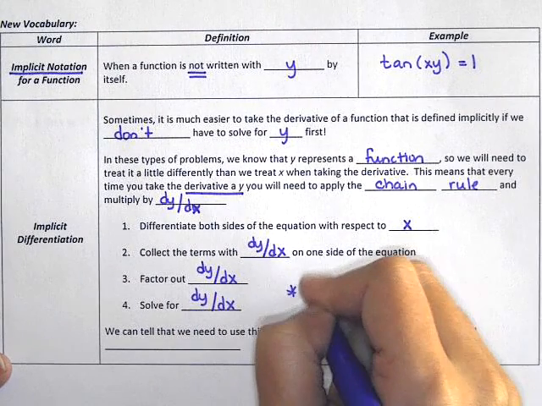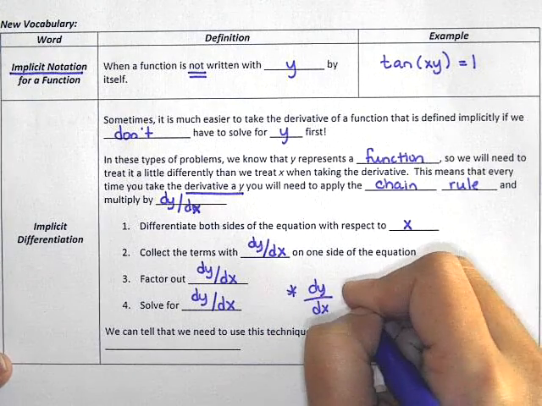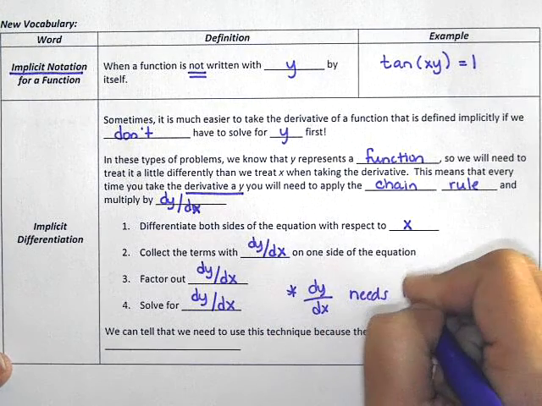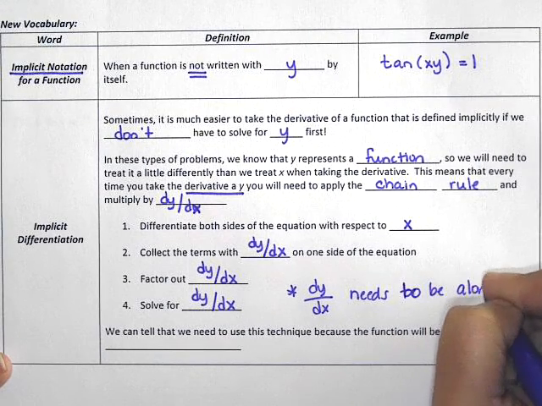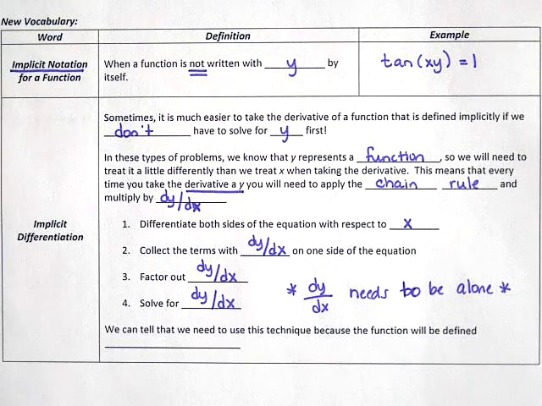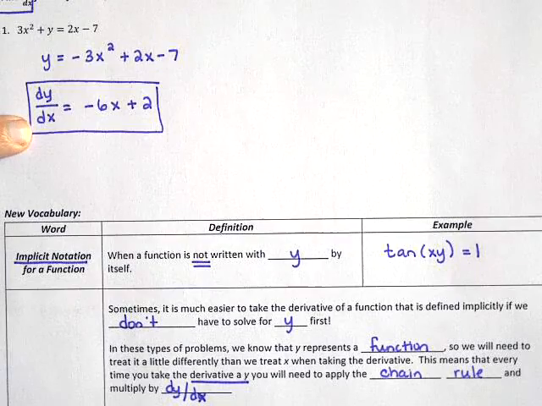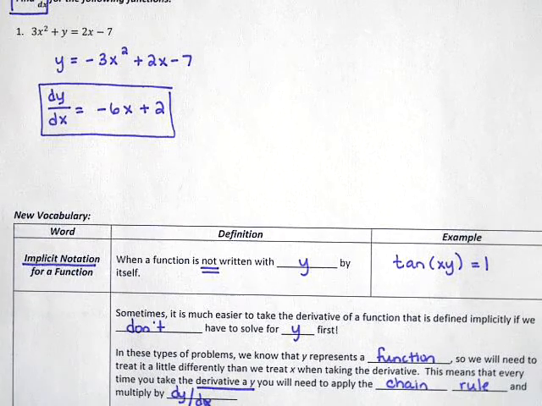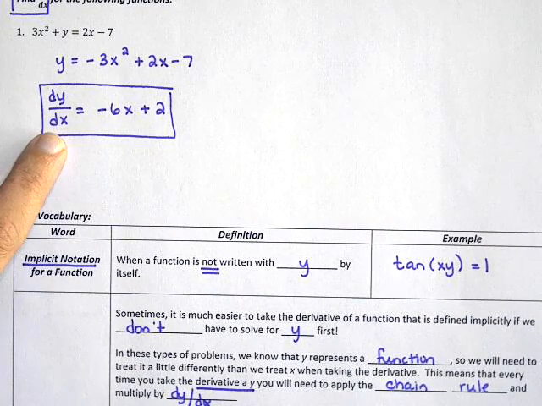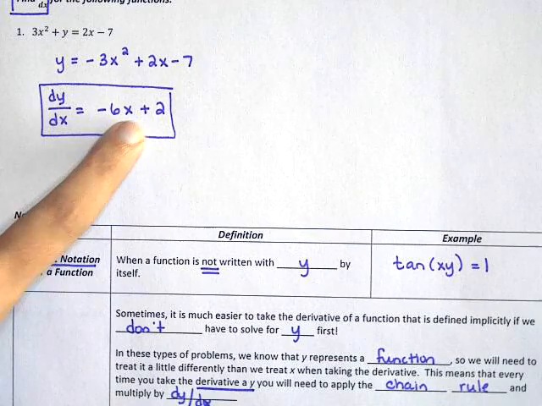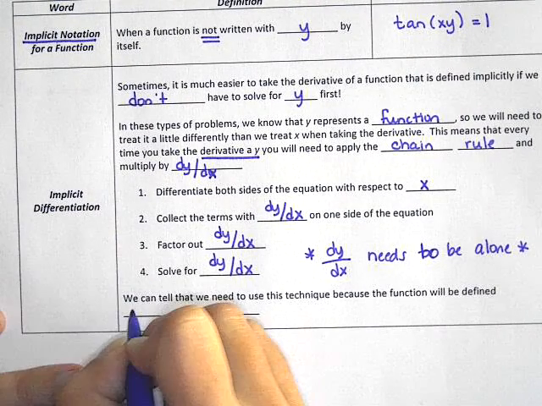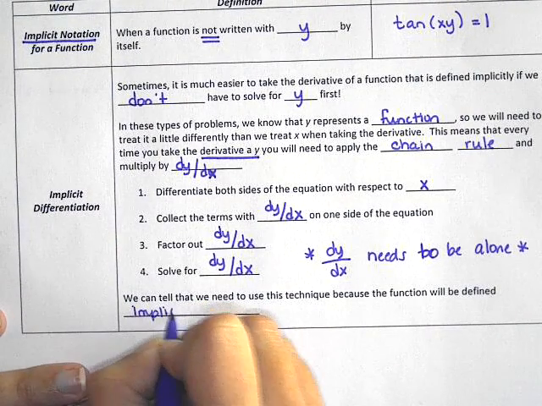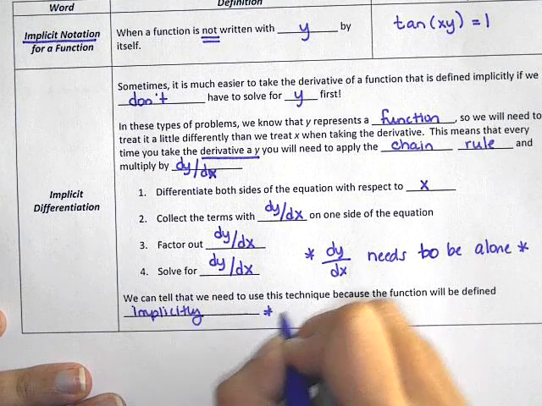In the end, dy over dx needs to be isolated, to be alone at the end of the problem. That's your goal. At the very end, we should still have dy over dx equals some stuff. Only in these types of problems, the stuff might have a y in it. It might be part of the answer. You can tell that we need to use this technique because the function will be defined implicitly. The y will not be by itself.